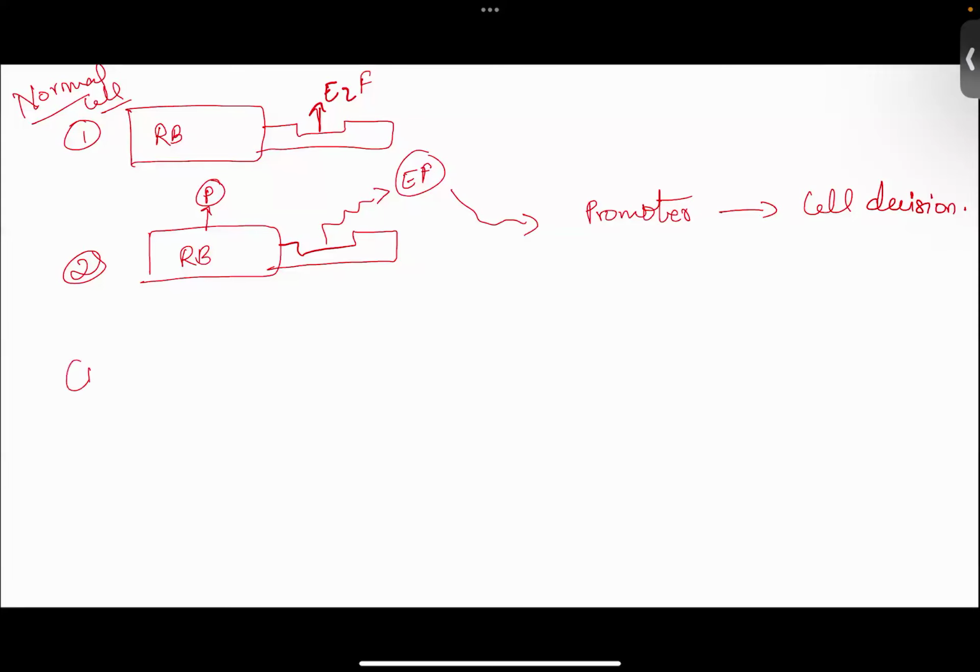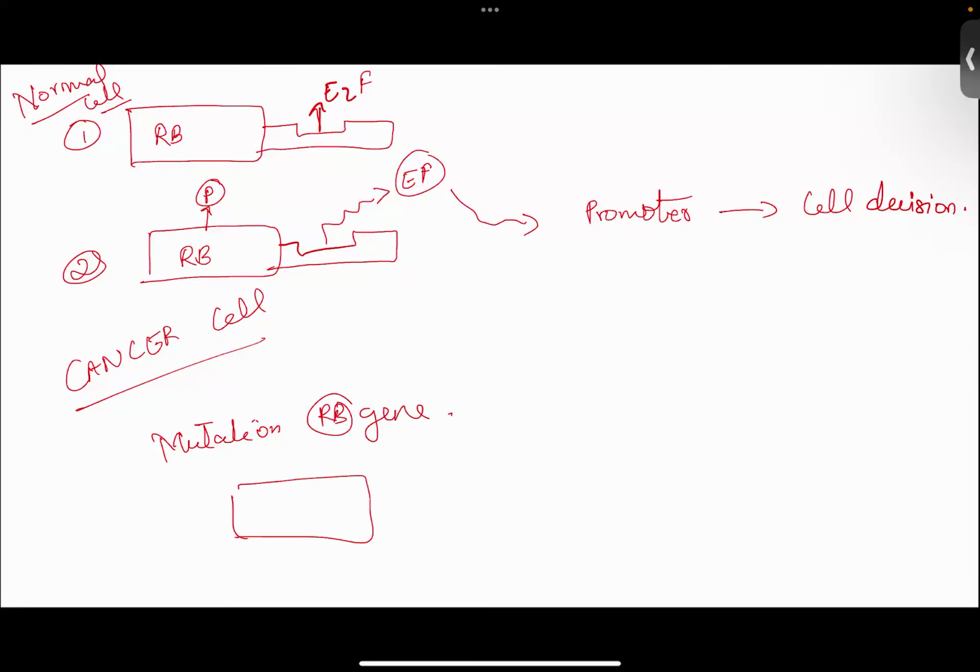So in the cancer cell, what happens is there is a mutation in the RB gene, the retinoblastoma gene. When a mutation happens, there will be changes in the structural component, and because of that E2F cannot bind. So what happens when there is free E2F?